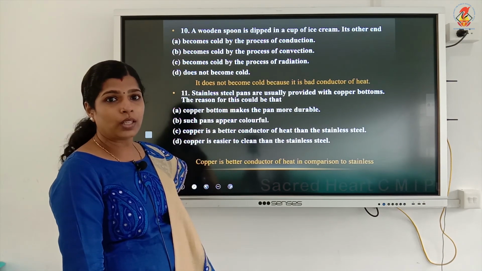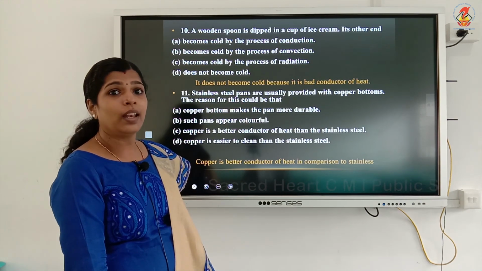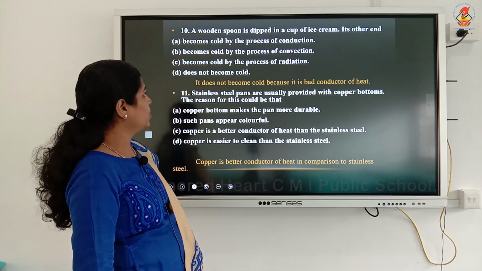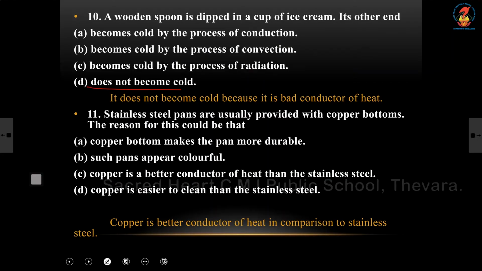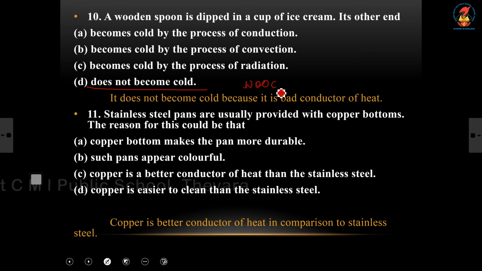So, which one is the answer? It does not become cold because wood is an insulator or bad conductor of heat. So, it will not allow heat to pass through it.